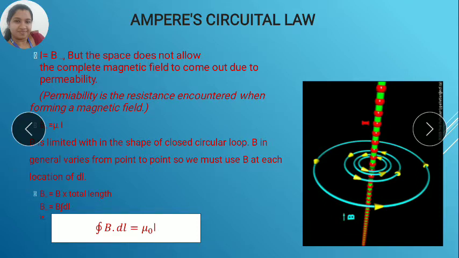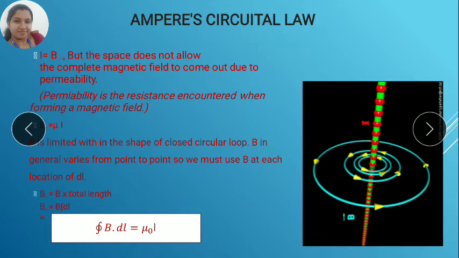From this diagram, we can see that if this loop is 100 centimeter long, then that magnetic field is restricted within this 100 centimeter long loop. If this second loop consists of 50 centimeter, then that magnetic field is limited within that loop. So the magnetic field is restricted within the length of that loop.